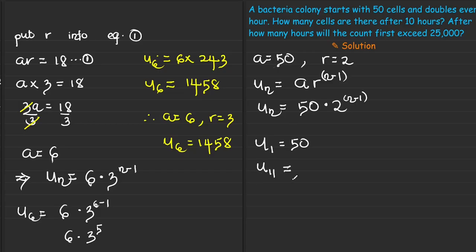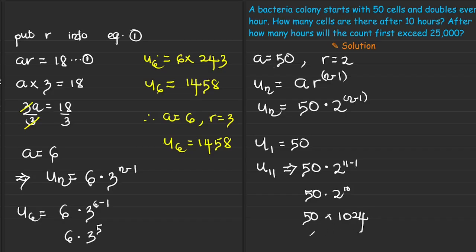And how are we going to work that? It is going to be 50 times 2 to the power 11 minus 1, which is 50 times 2 to the power 10. We know 2 to the power 10 gives us 1024.